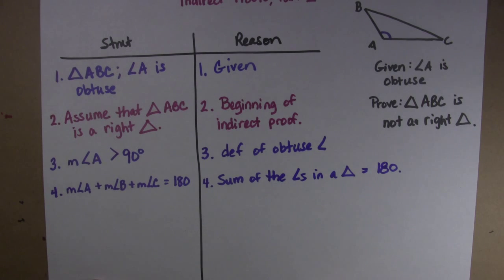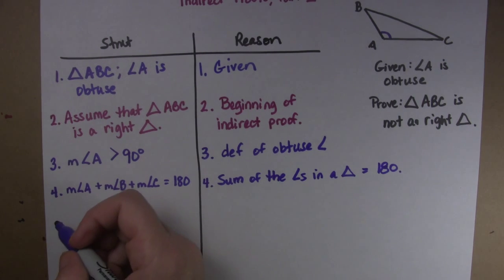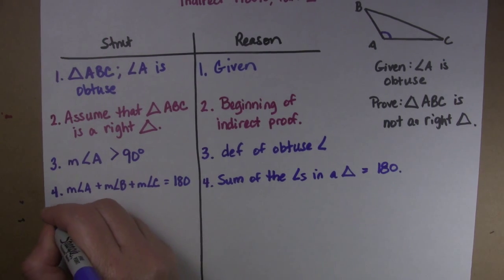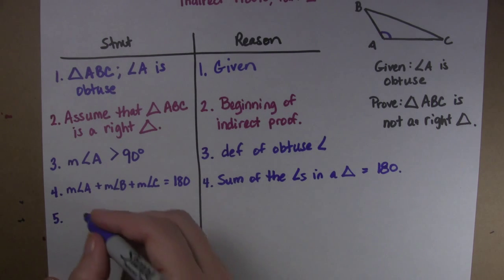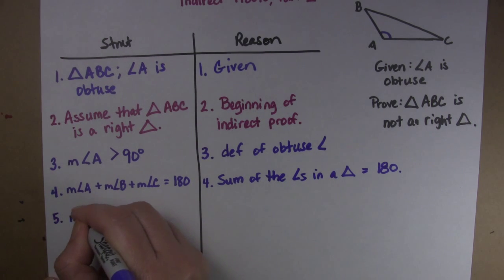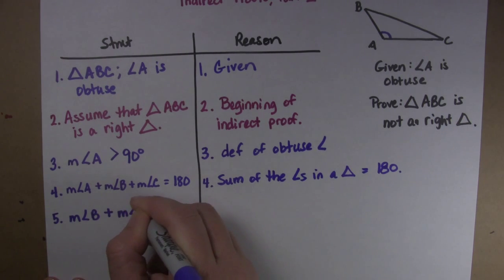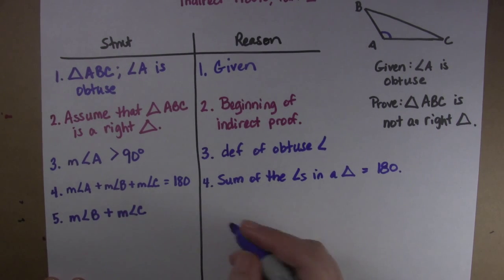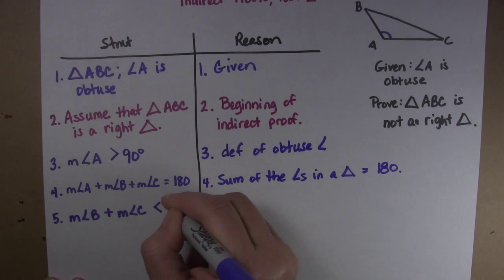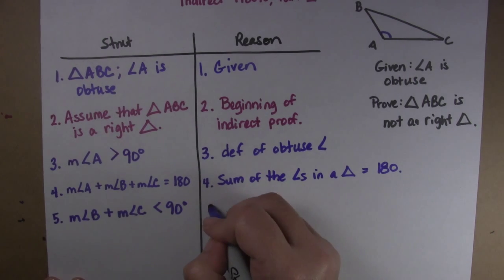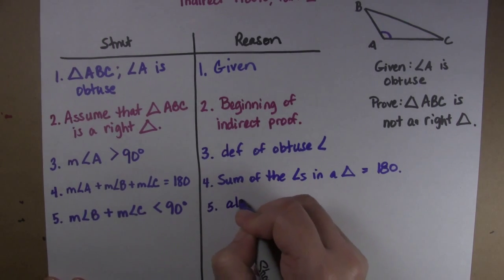Right? So, ta-da! All right, so that means that the measure of angle B plus the measure of angle C has to be less than 90 degrees. And I can say that because of algebra.